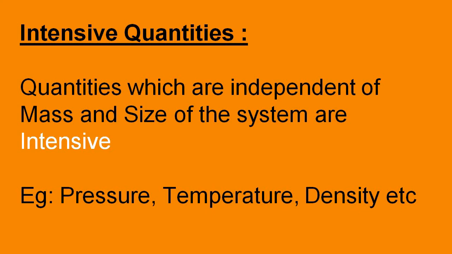Suppose you have a balloon, that's a simple example, and inside that balloon you have some mass. So if that balloon is a closed system, that means which is tightened.